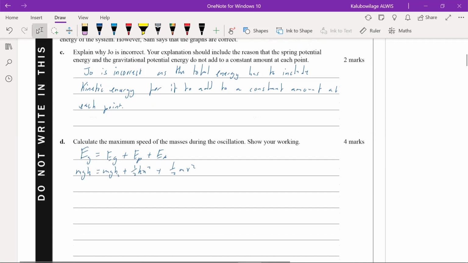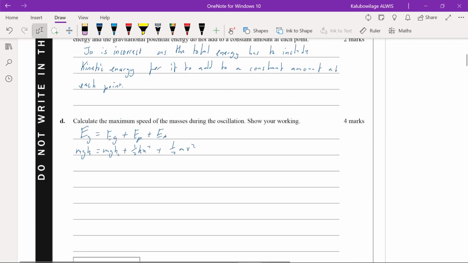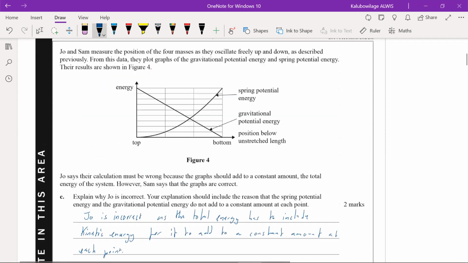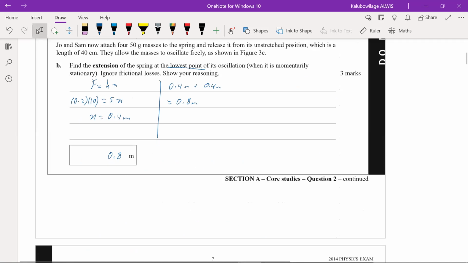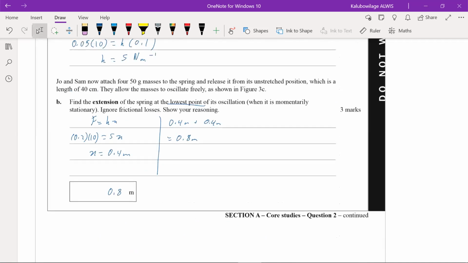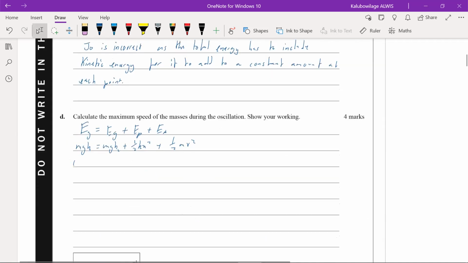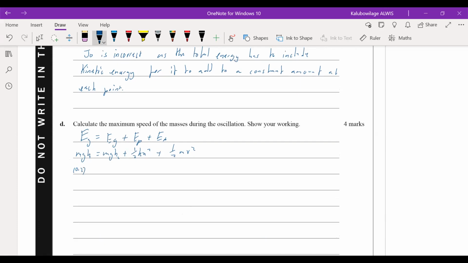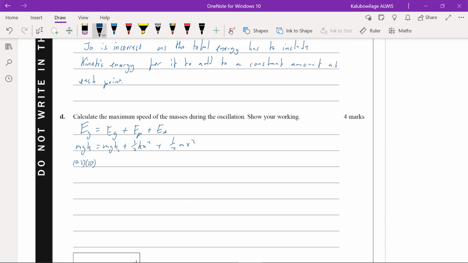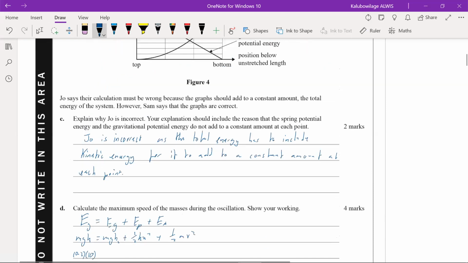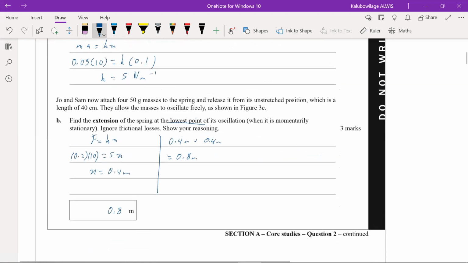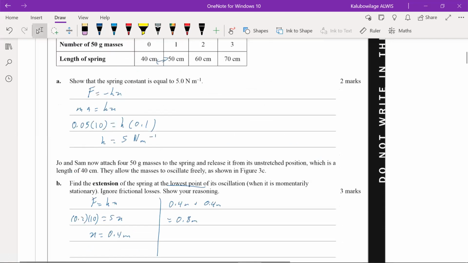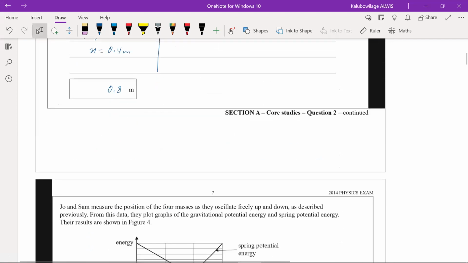So for the first, gravitational potential: mass 0.2, g is 10, stretch it's at 0.